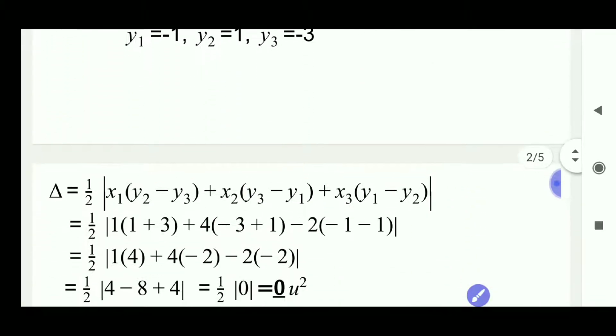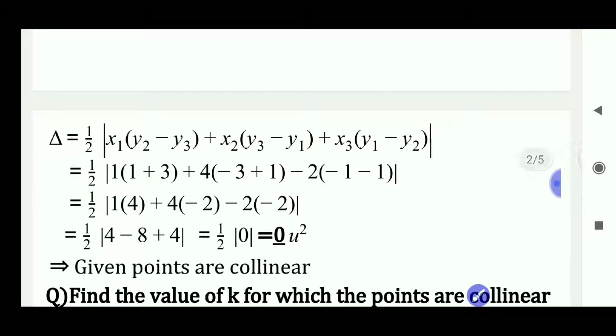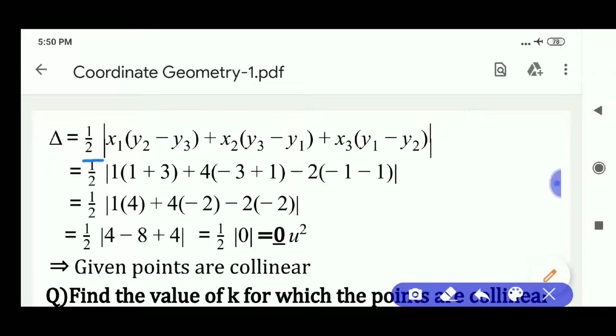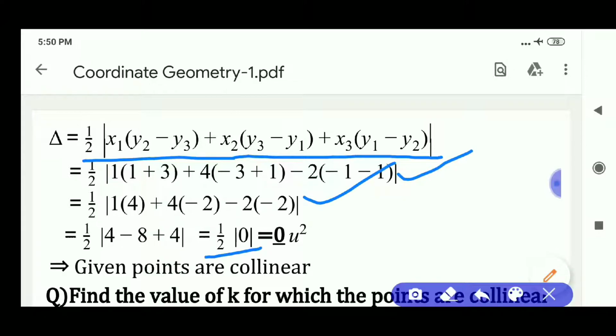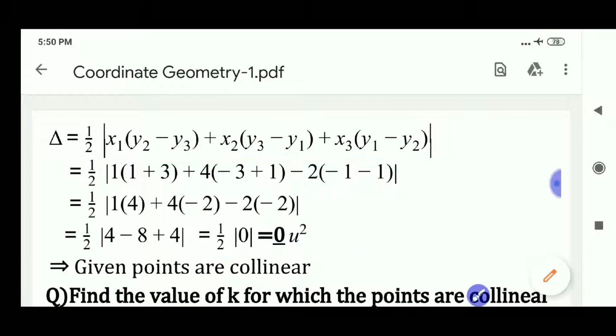What is the formula of the area of a triangle? Half modulus x1 into (y2 minus y3) plus x2 into (y3 minus y1) plus x3 into (y1 minus y2). Substitute carefully. Simplify carefully. What is your result? Half modulus 0. 0 into anything is 0. So the answer is 0 square units. The area of the triangle is 0. Then what did you learn? They are collinear. That's all.